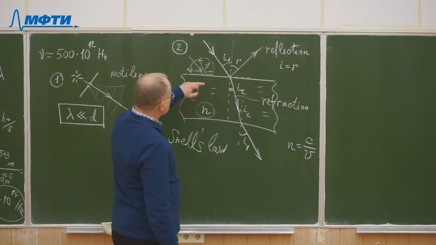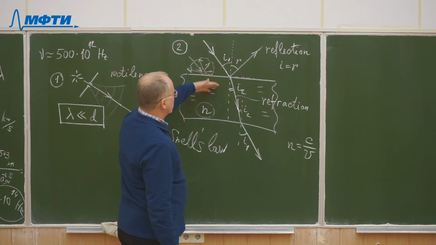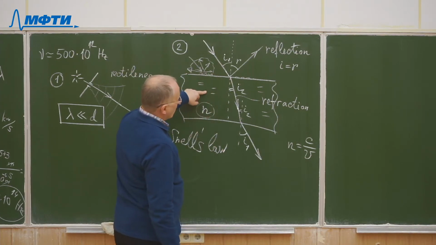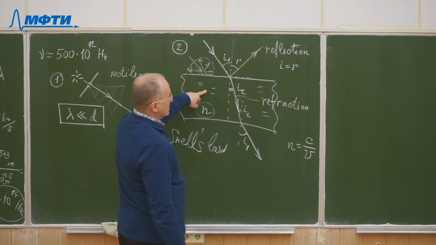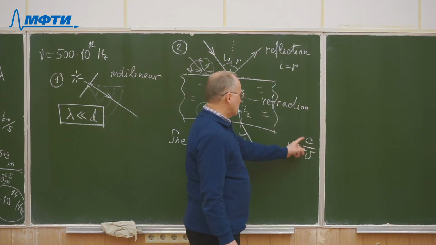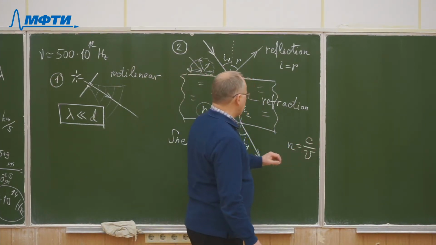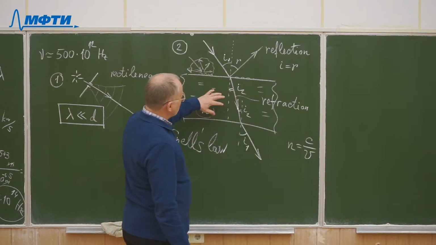In a medium, the speed of light is smaller than in vacuum. That is an experimental fact. Sometimes it's 50% smaller, sometimes twice smaller, but usually a few percent smaller.